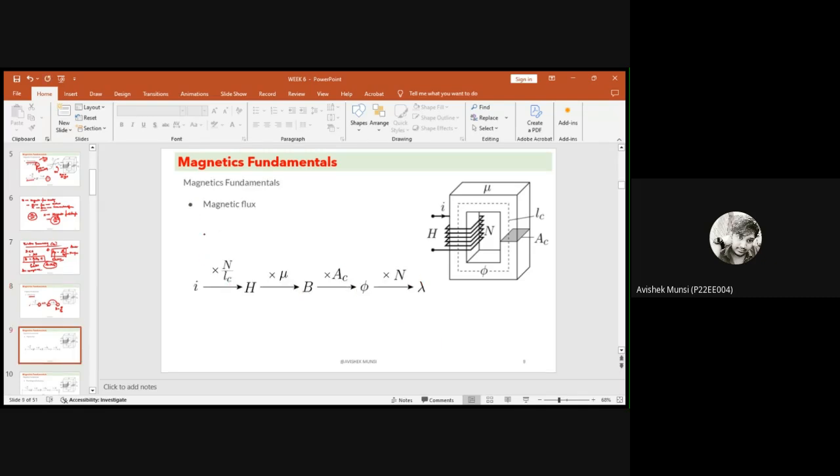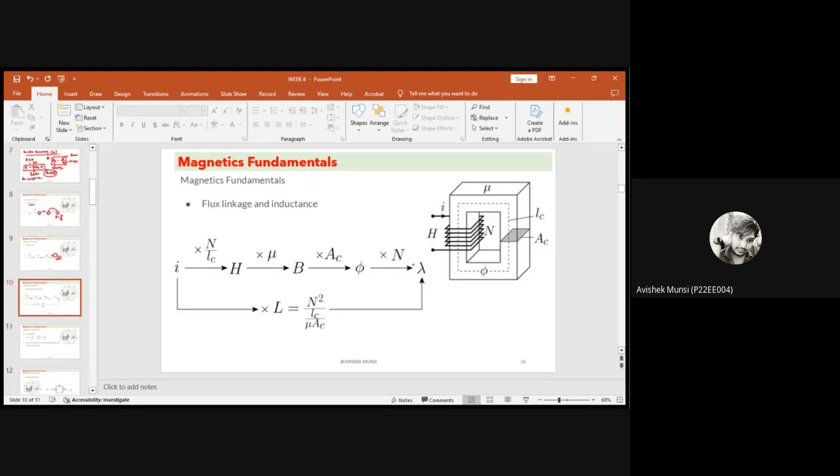So next, how much inductance the circuit should have can be determined by this lambda, where flux into N will determine the magnetic inductance. This is the flux linkage and inductance.